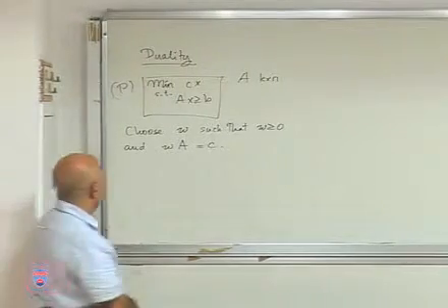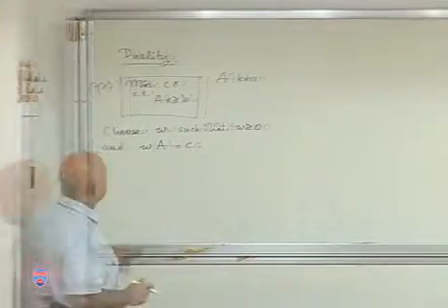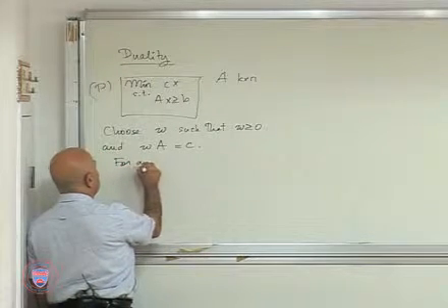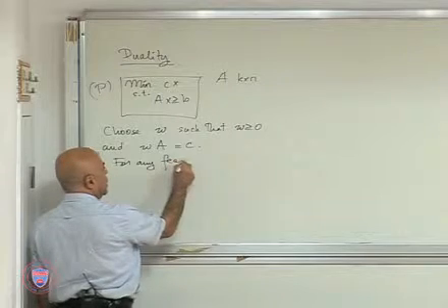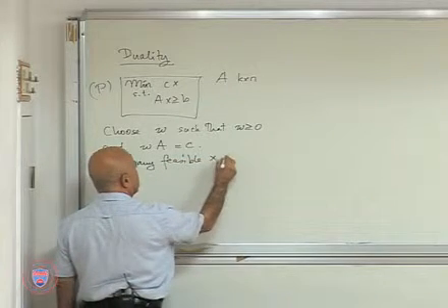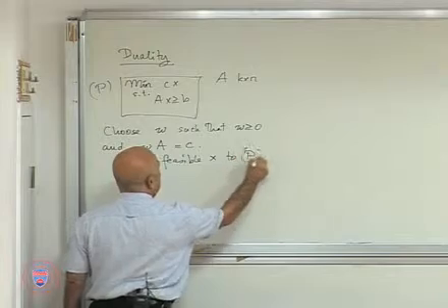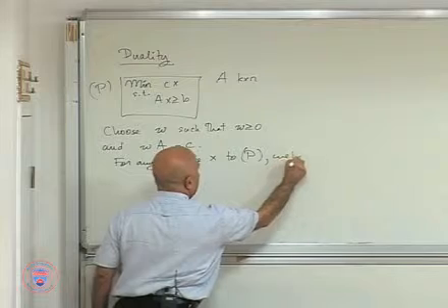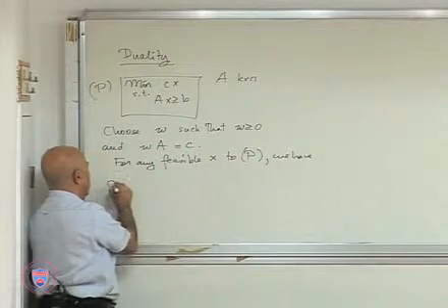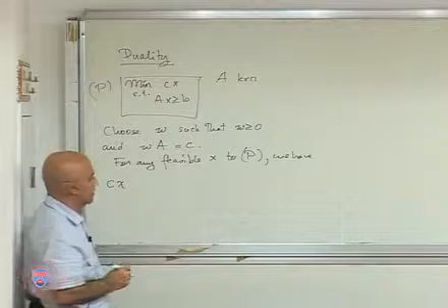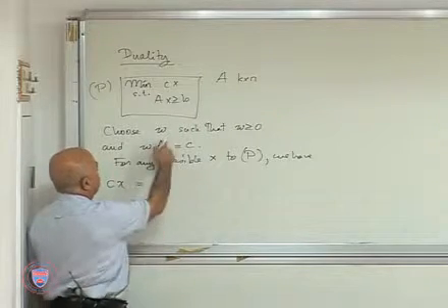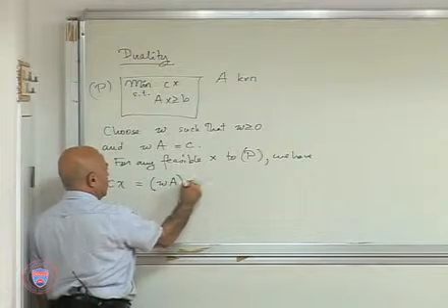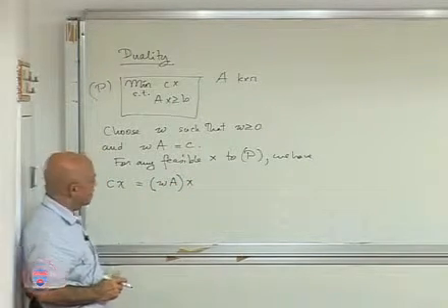Okay? So if you do this, then for any feasible x to the primal problem, we have the following. We have the objective value, Cx. But because of our choice of W, C is actually WA times x.